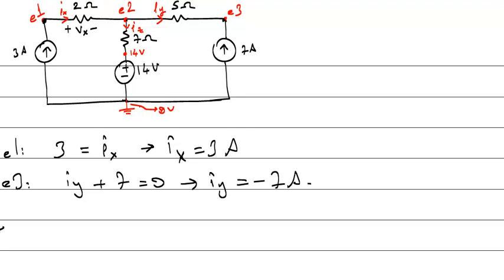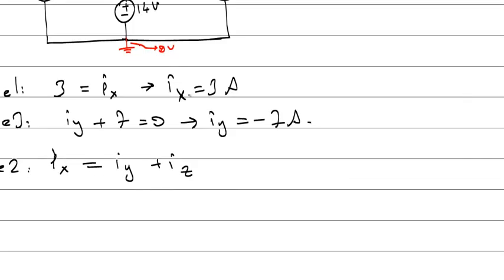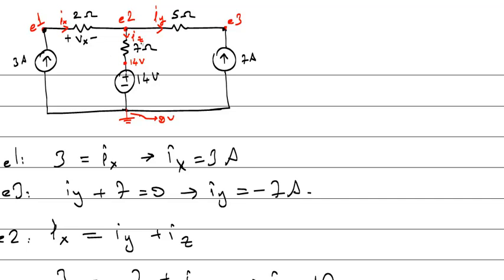And on E2, Ix, what's Ix? Let me write. Ix is equal to Iy plus Iz. And you know Ix and Iy. Ix is 3 is equal to Iy is minus 7 plus Iz. So what's Iz? Iz is 10. So from here, let's write Iz. Iz is positive side node voltage minus negative side node voltage divided by resistance.